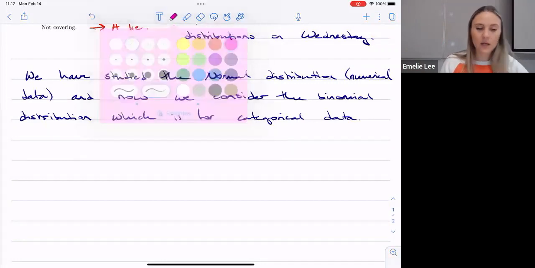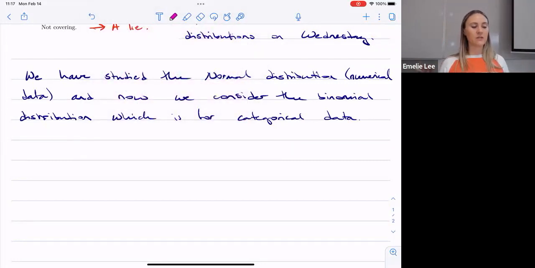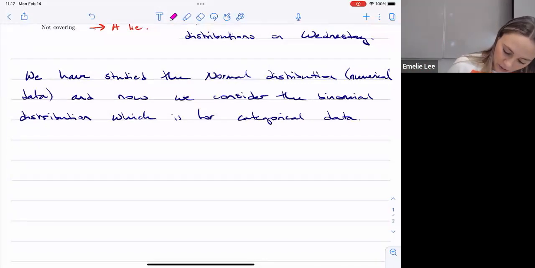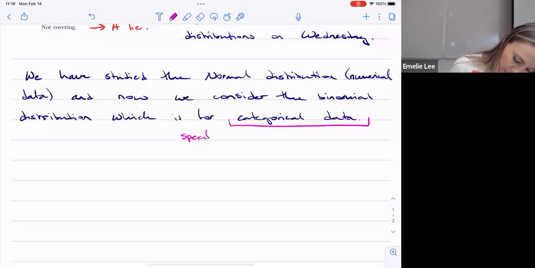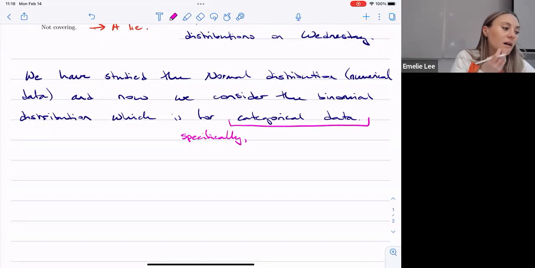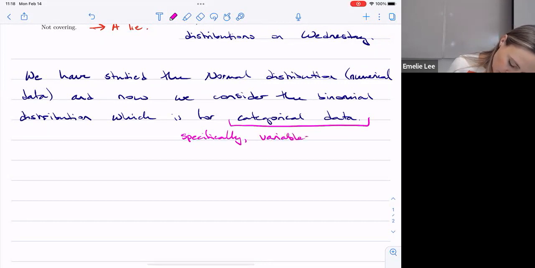So a lot of these categorical variables, even if they're not success-failure initially, we can make them success-failures. So this is for categorical data, specifically variables with only two possible outcomes.